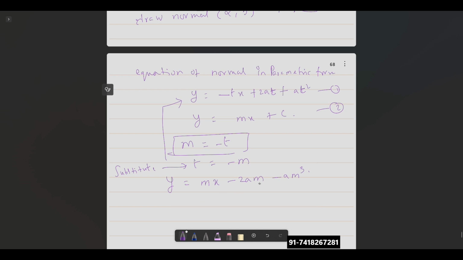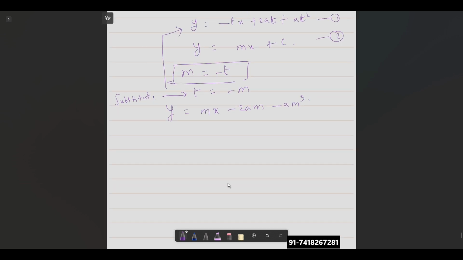So rearrange in terms of the m variable. Before that we want to do one thing: rearrange the terms and then substitute.